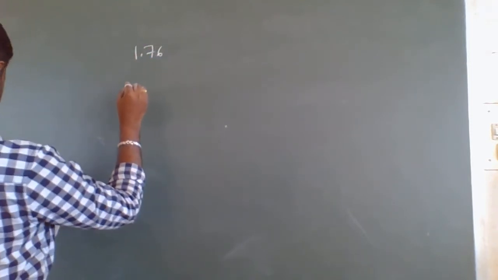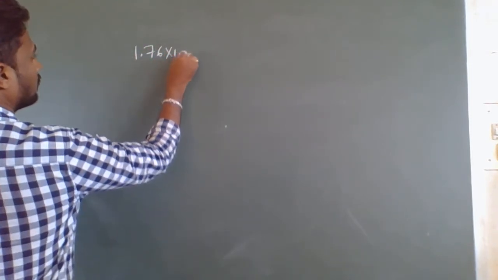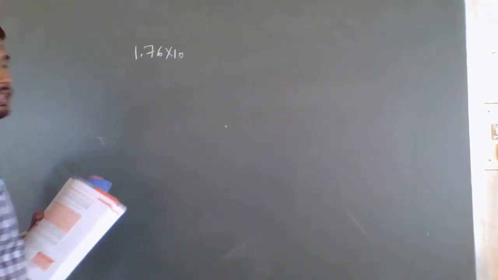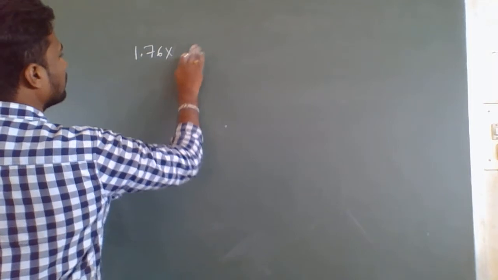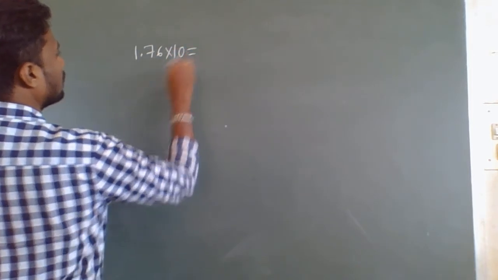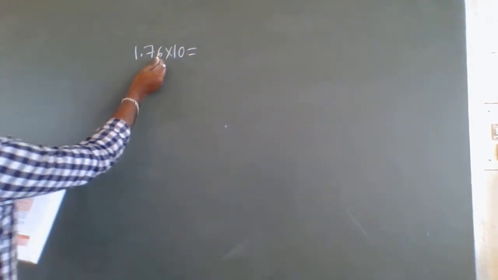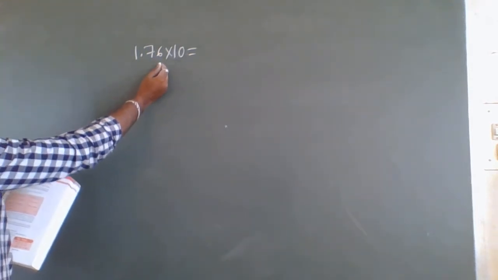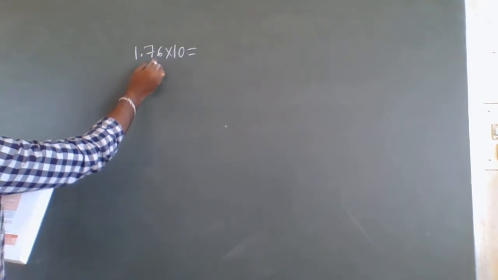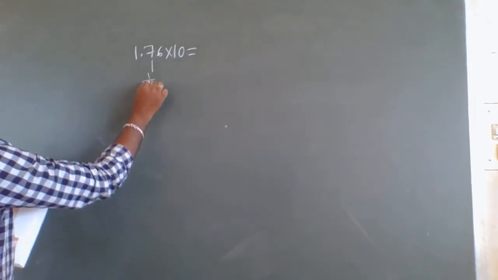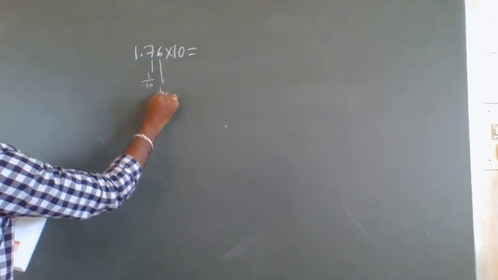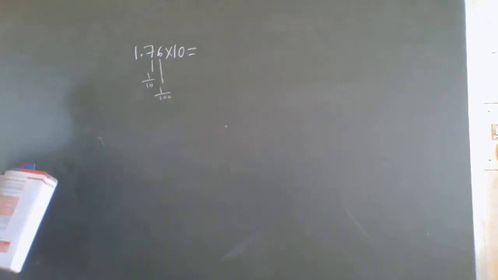1.76 into 10. So here you can write it as: this 1.76 can be written as, you can see after the decimal point how many digits are there? 2, which means this is at the 10th position, and this is at the 100th position, meaning 1 by 100.